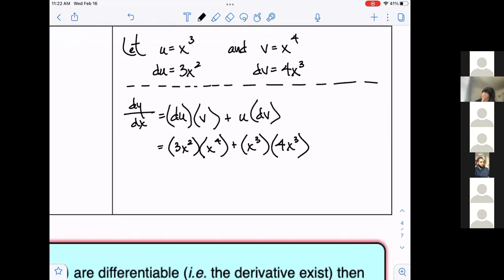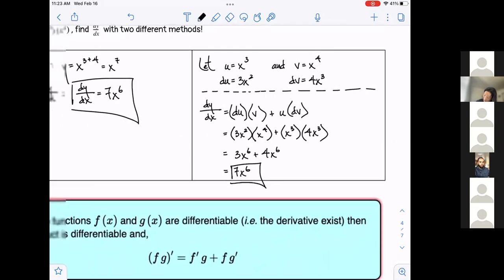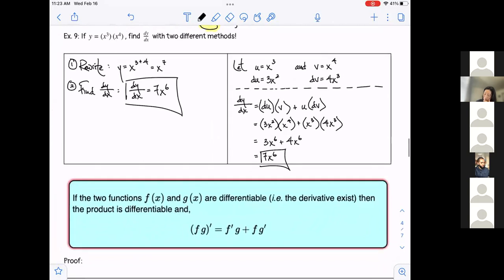All right. Well, let's simplify. 3x squared times x to the fourth gives me 3x to the sixth plus x cubed times 4x cubed gives me 4x to the sixth. How many x to the sixth do we have altogether? We have 7x to the sixth, which is exactly the same answer we got on the other side.